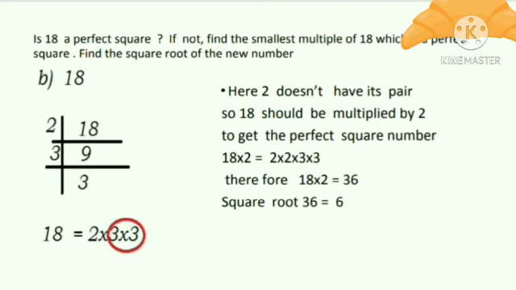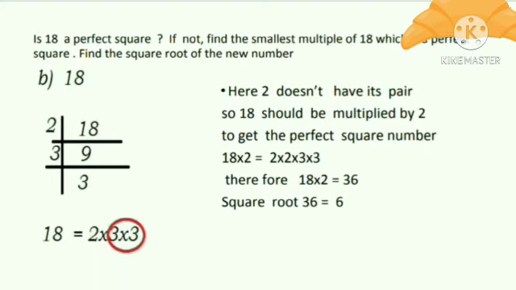Now arrange this in the prime factors method. 18 is equal to 2 into 3 into 3. Here 3 is having a pair. Here 2 does not have its pair, so 18 should be multiplied by 2 to get a perfect square number.